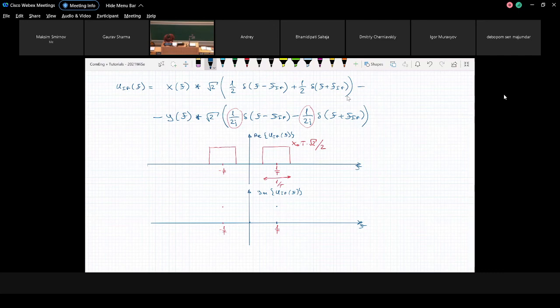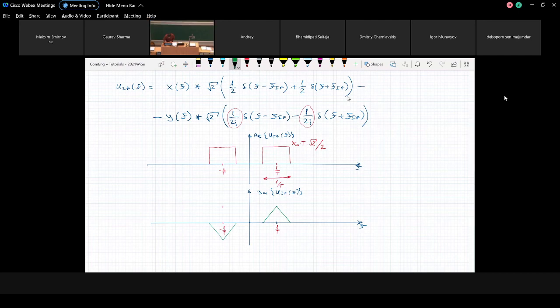Of course it will be 1 over 2. For positive, and then for negative, we have a delta pulse with minus.